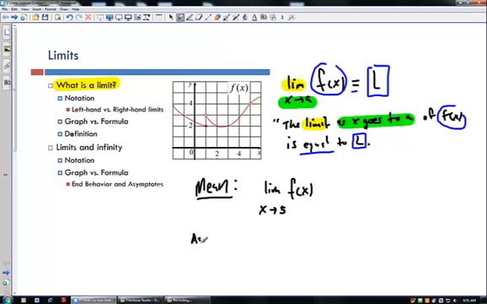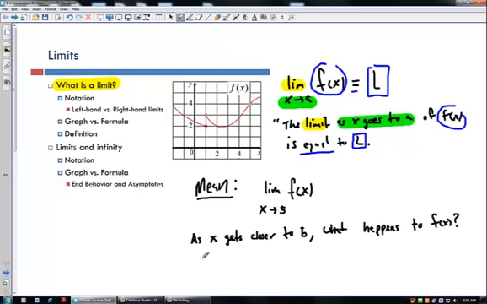So as x gets closer to 5, what happens to f of x?